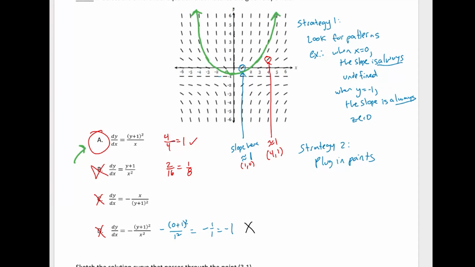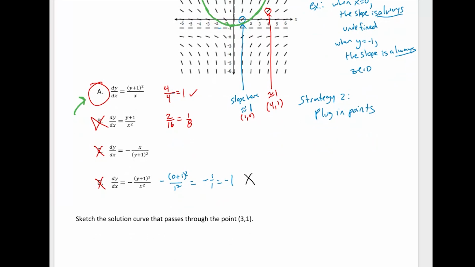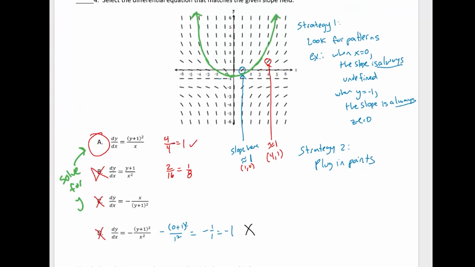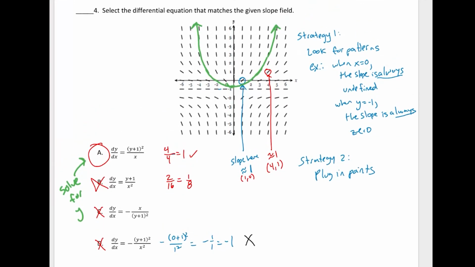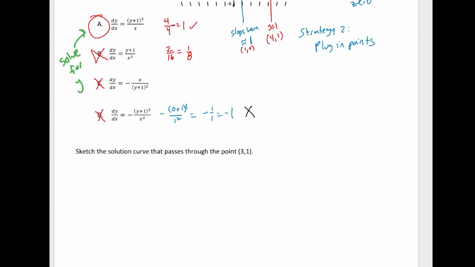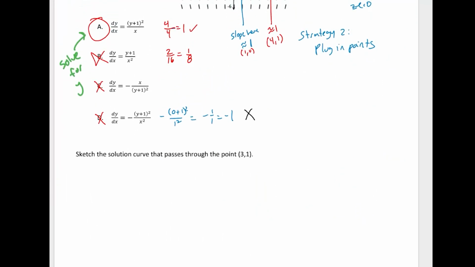I'm not going to go through the algebra here because we've done so many of these already. But if you want to solve for y, you can figure out exactly what it is. But the AP test is timed. So if you can save a little bit of time and use your intuition, you can get a pretty decent sketch there, or at least if it was a multiple choice question, you should be able to answer something like this.